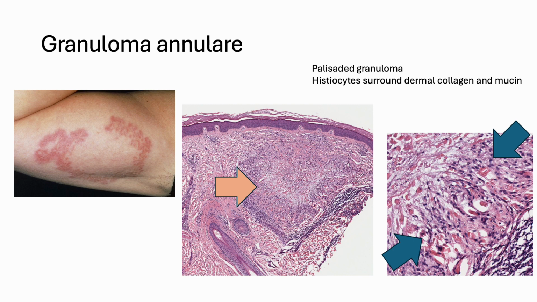So when we zoom in, we can appreciate those palisaded histiocytes better, and also some mucin. When you have this pattern, palisaded granuloma, histiocytes surrounding some dermal collagen and mucin, that is very characteristic of granuloma annulare.